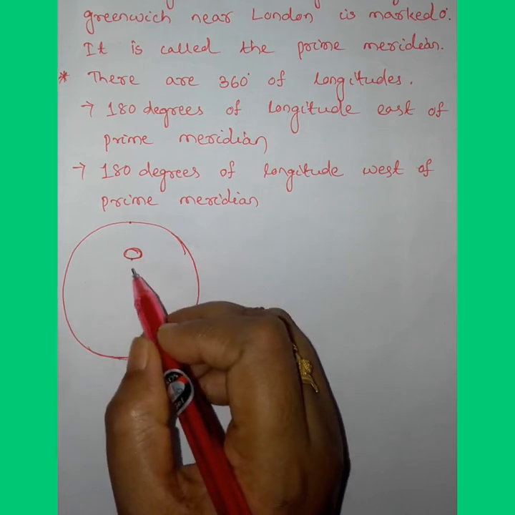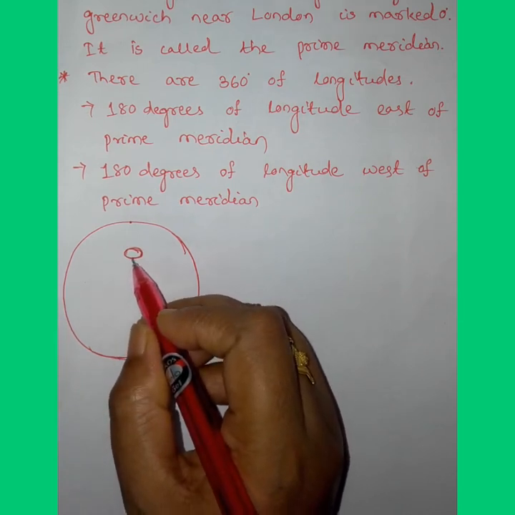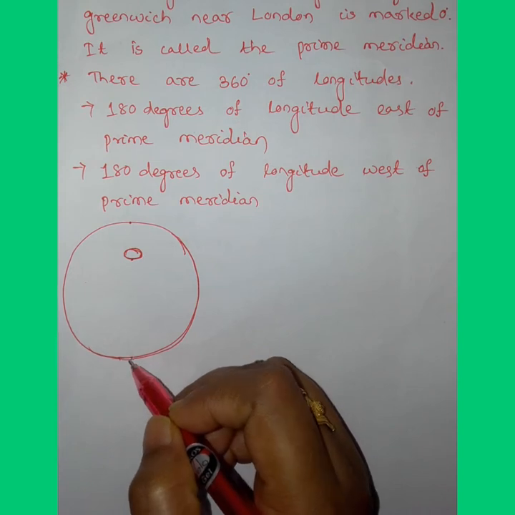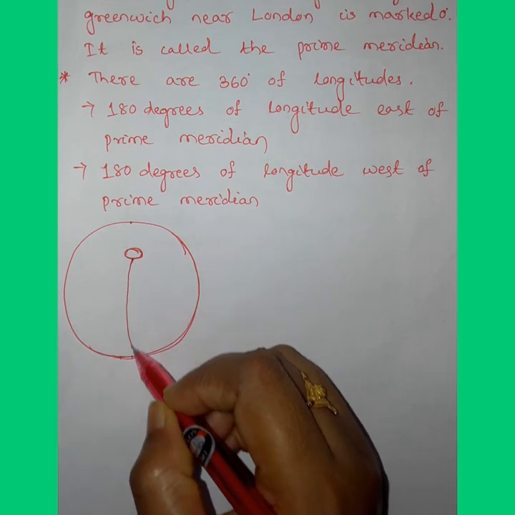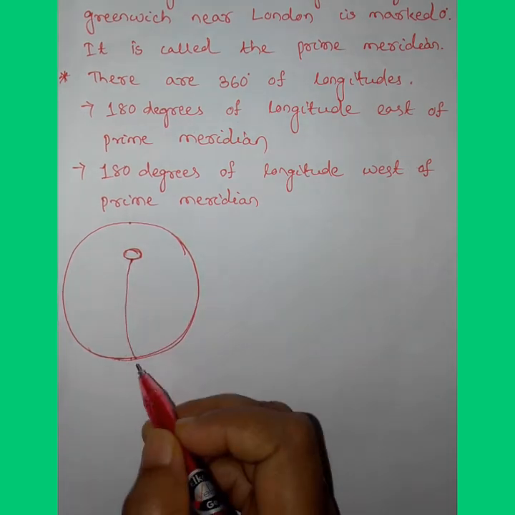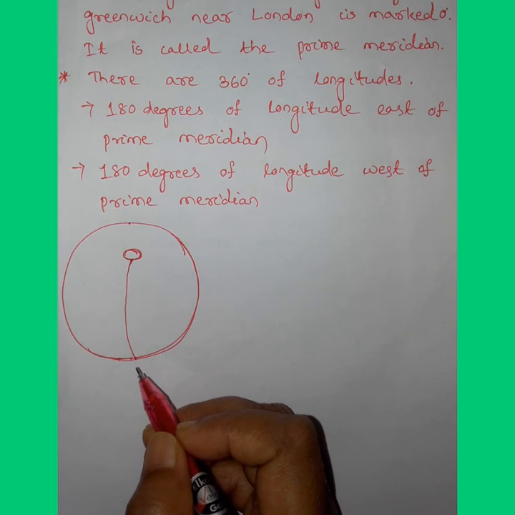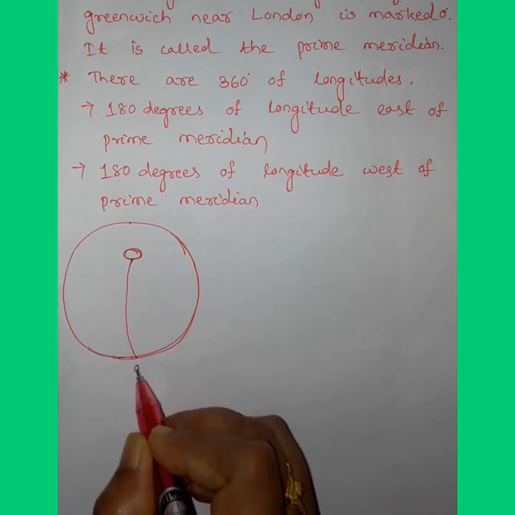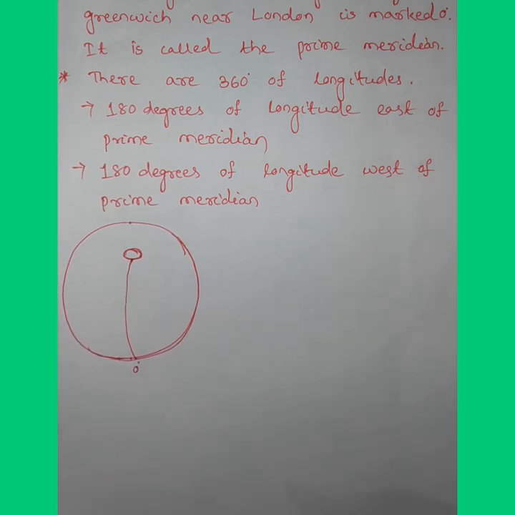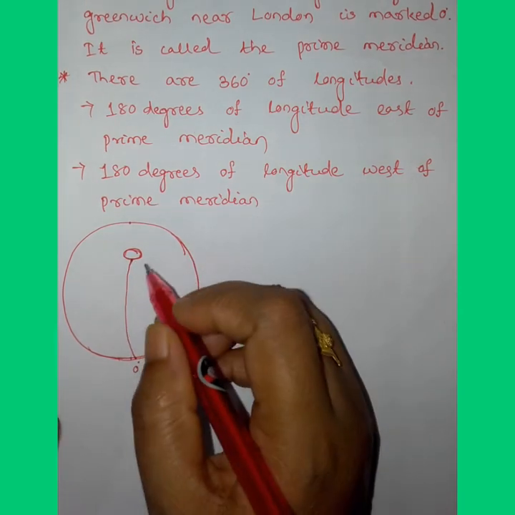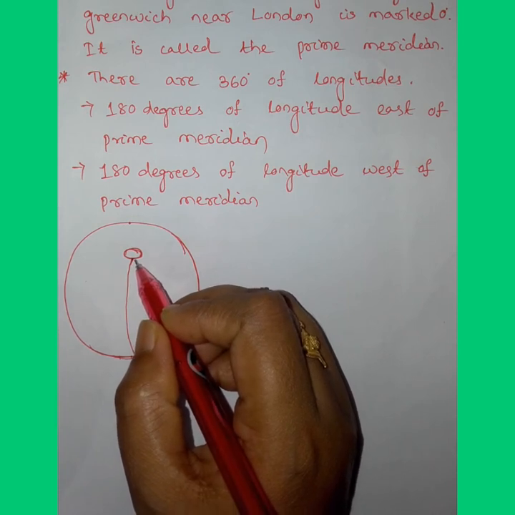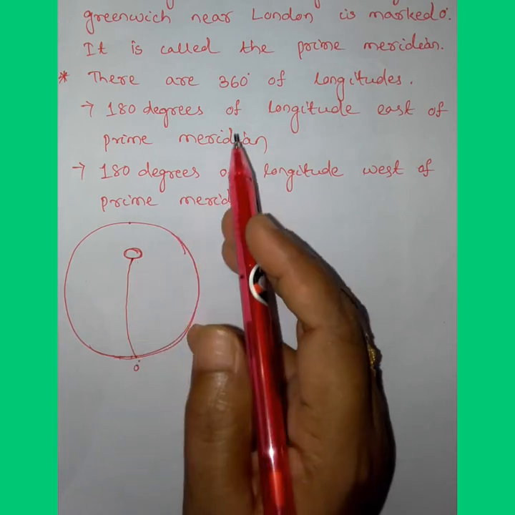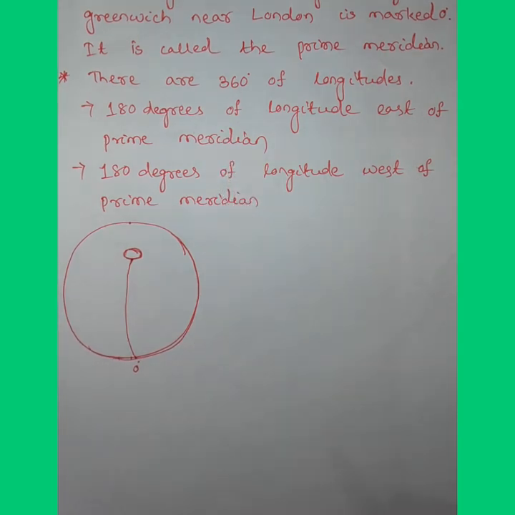As I told, the lines drawn from North Pole to South Pole are known as longitudes, and the prime meridian denotes the 0-degree meridian. And we know that there are totally 360 meridians.